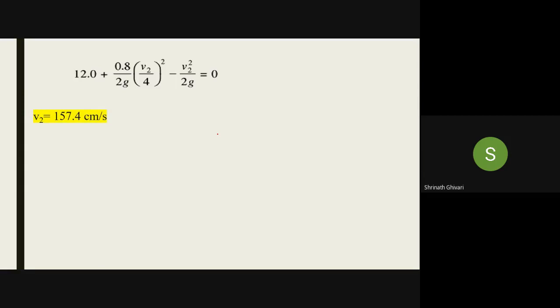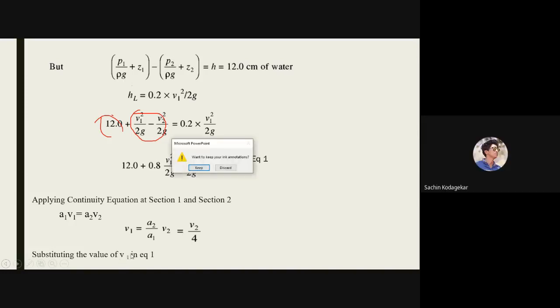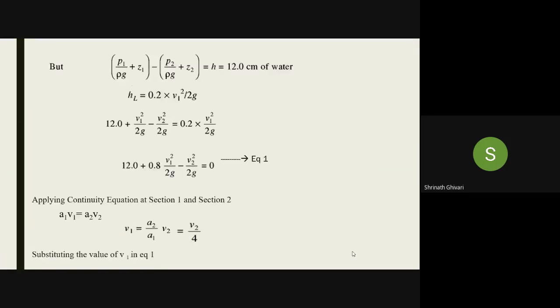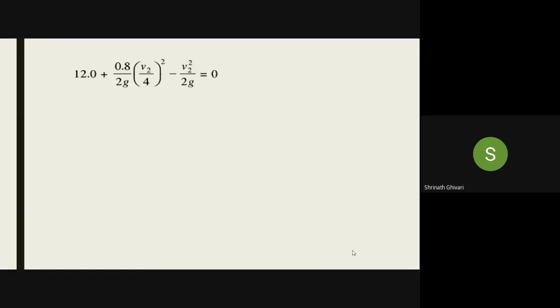How to calculate discharge now? Anyone? Area into velocity. Okay, calculate and let me know the answer. So what are the things you require here? Q equal to area into velocity.